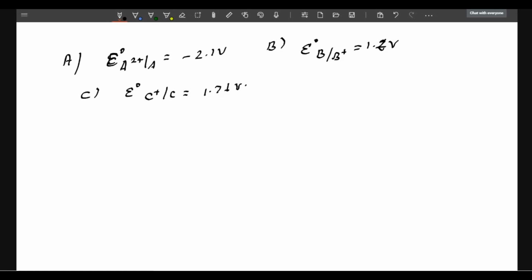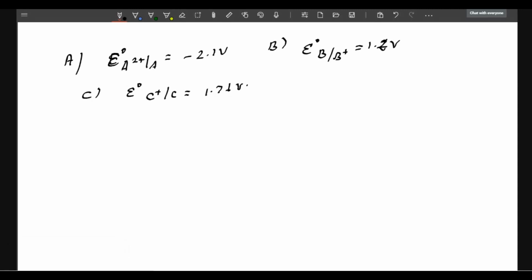Which is the correct answer? Anybody? Option C, sir. Option C: C displaces B from its salt solution. Is it correct or not?